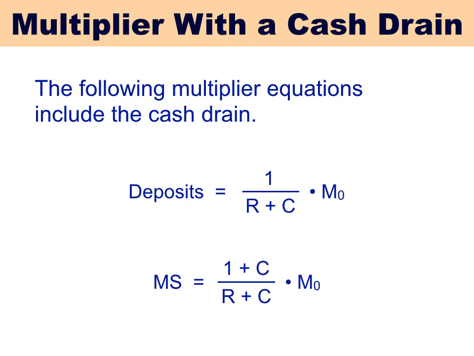And then if C is equal to 0 for the money supply, well, then that means we again have the money supply equaling 1 over R multiplied by M naught. So that's why when we look back at the simple multiplier, the deposits and the money supply, the multipliers were the same. When there is no cash drain, then the amount of money is the same as the amount of deposits.